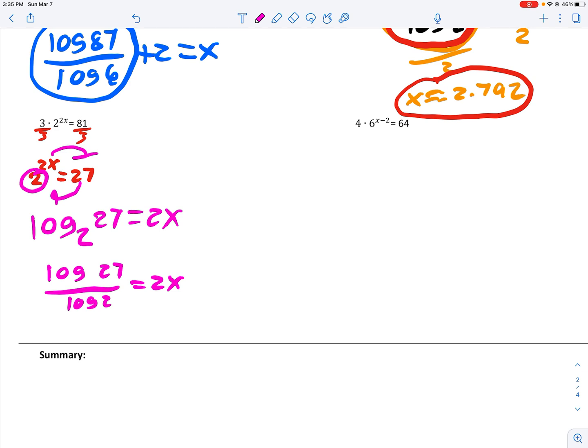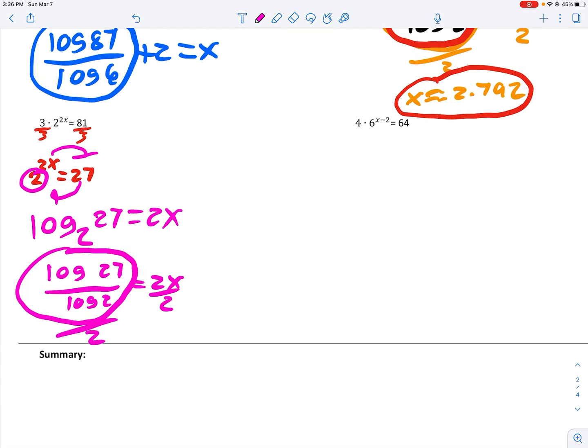So now I can use my scientific calculator. So I'm going to take my scientific calculator and plug this quotient into my calculator. So log of 27 divided by log of 2. Do that now. Once you get that answer, then I'm going to divide by 2 because I'm solving for x and I have 2x.